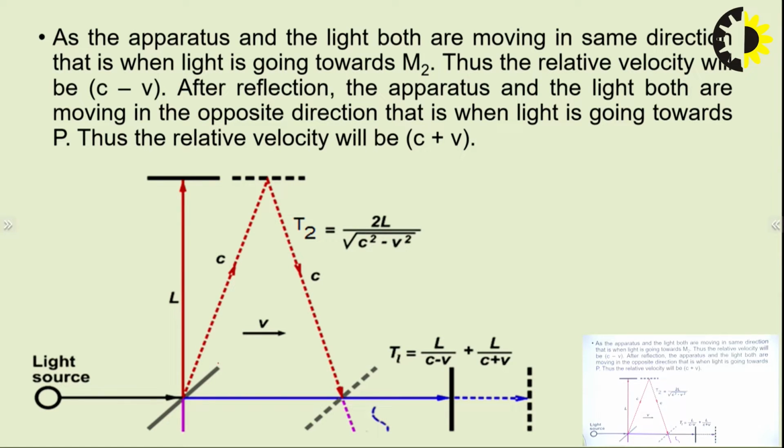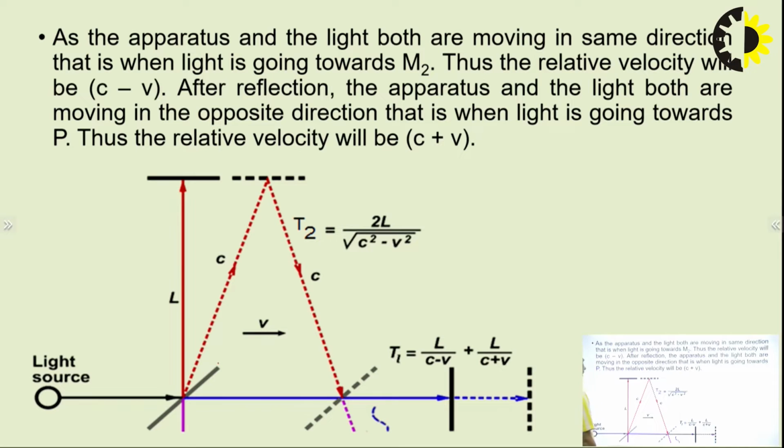So the light beam will not reach this point; it is going to reach this point. Let's say t is the time taken by the light beam in reaching from this point to this point. Our glass plate is situated somewhere here in the middle. Now the light beam will approach from this point towards this point, but in the meantime this plate will shift from this point to this point. So finally, after reflection from the upward mirror, the light beam is going to meet the plate at this final point.